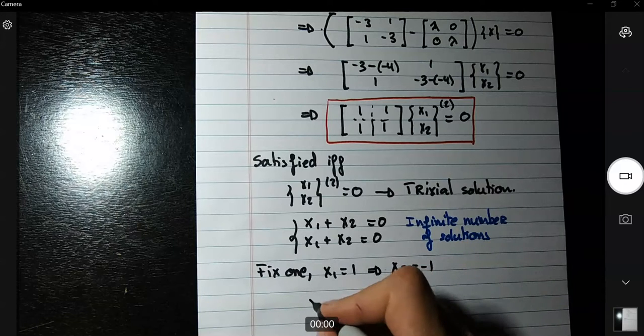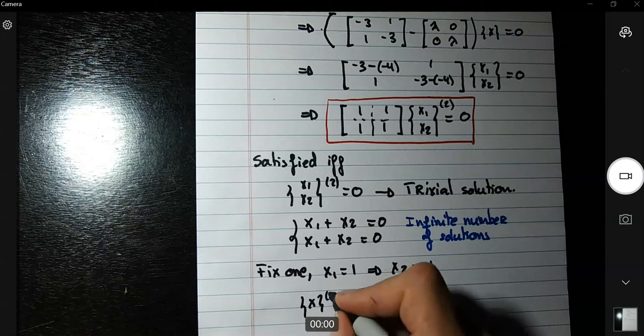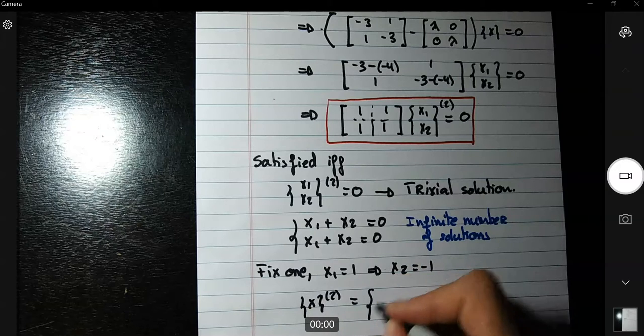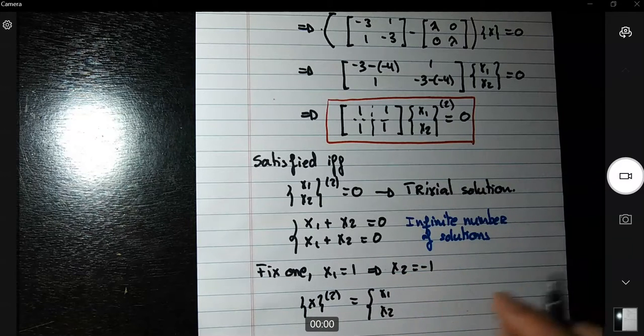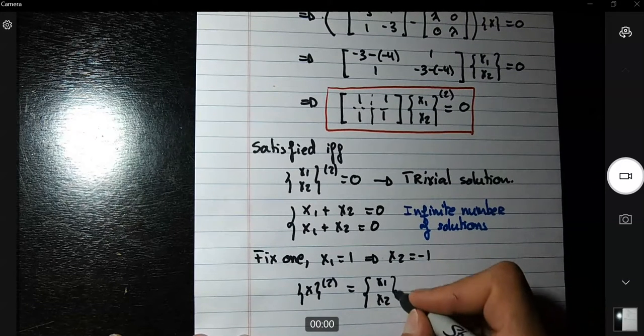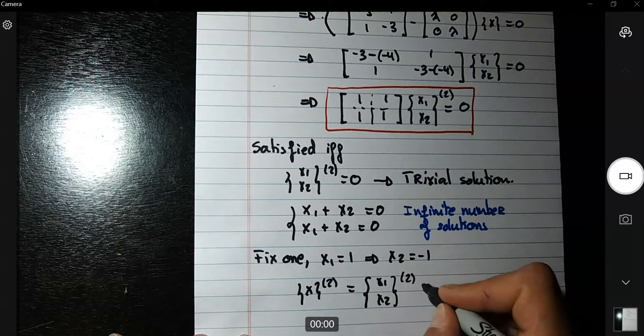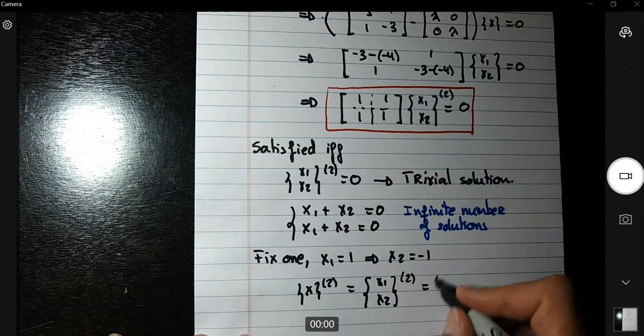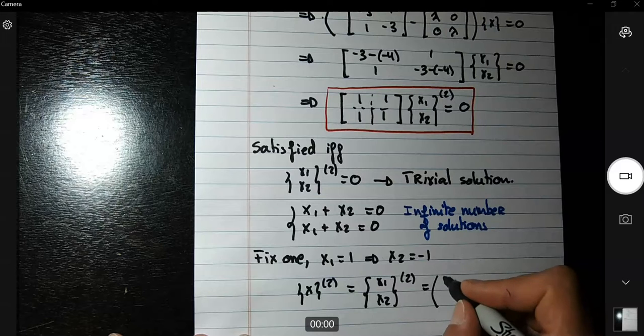So the second eigenvector will be what? x1, x2 of 2 is equal to 1, minus 1.